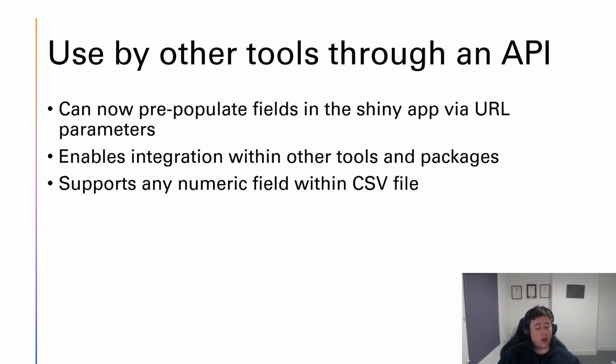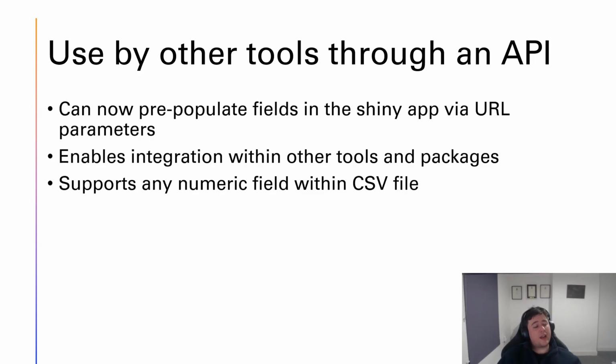I would like to work on passing the non-numeric fields, so for example those specific databases and registers, as values in the near future. But for now, it supports any numeric field within the CSV file.